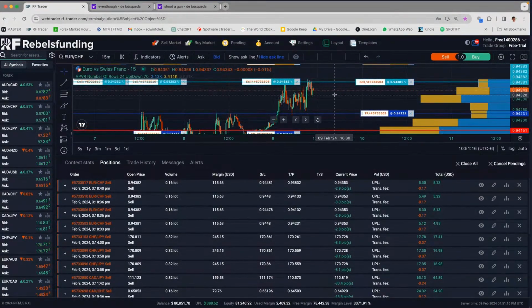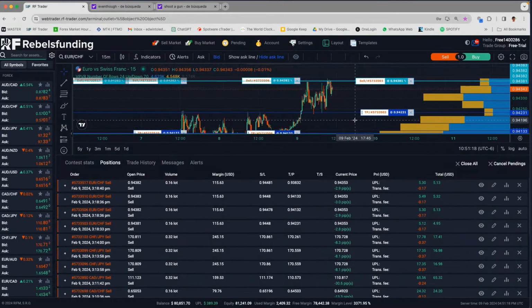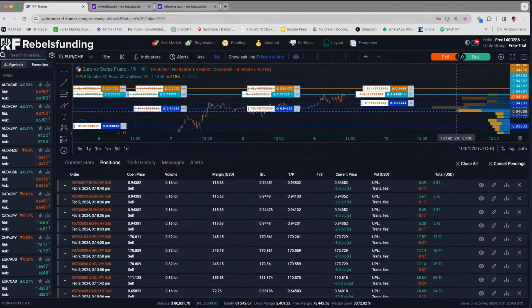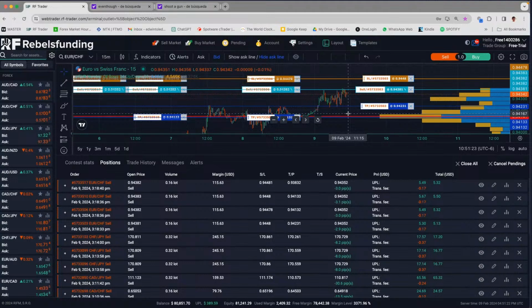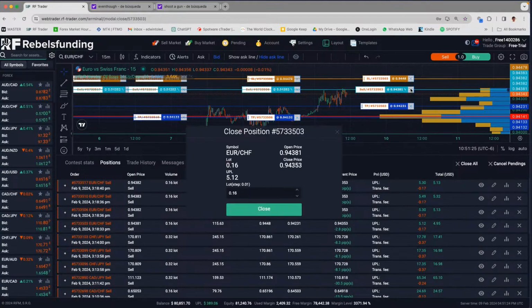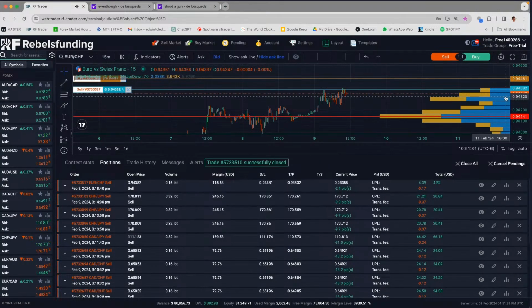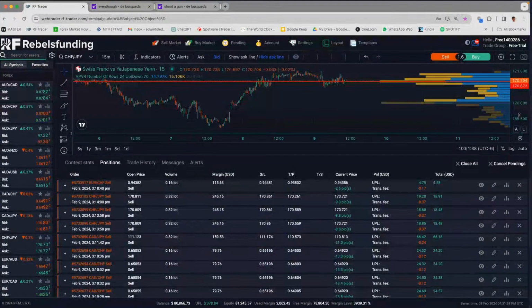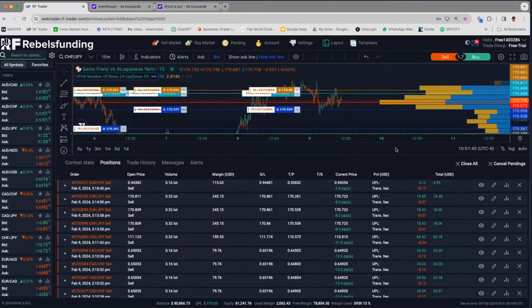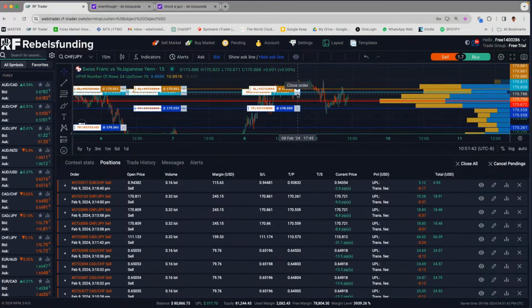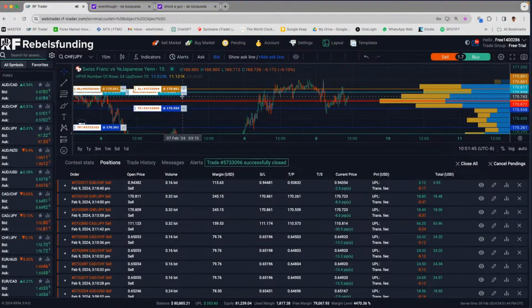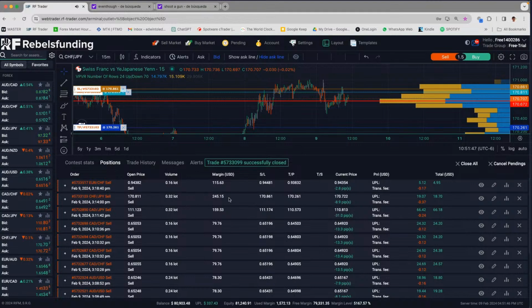It's a Friday, so I'm not going to let trades stay open. I'm going to take this back, and this back, and that one can stay open. And CHF Yen, we are going to take this back and this back.